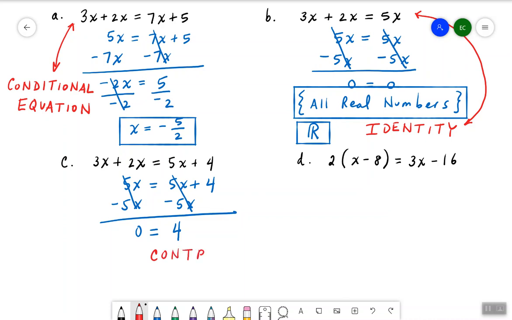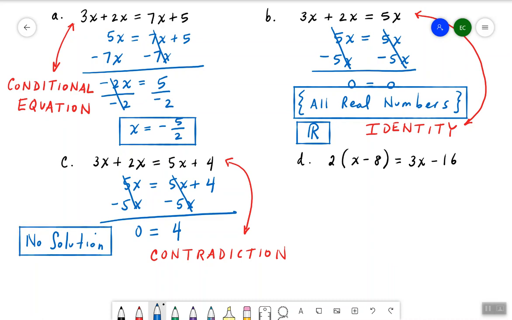This type of equation is called a contradiction. And what it means is that there is no solution to this equation. And we can write no solution, or we could write the braces with nothing inside, or there's another symbol that means the same thing.